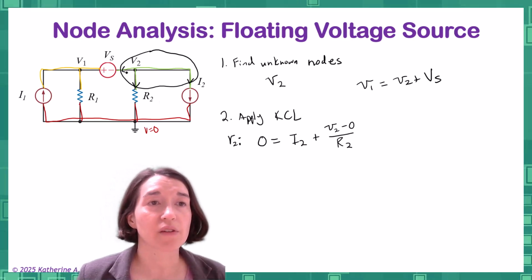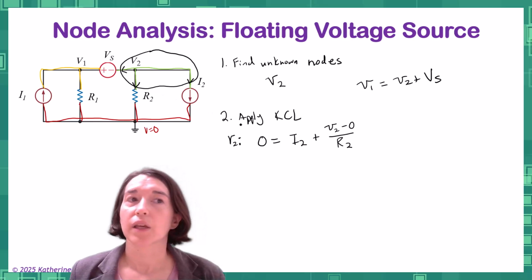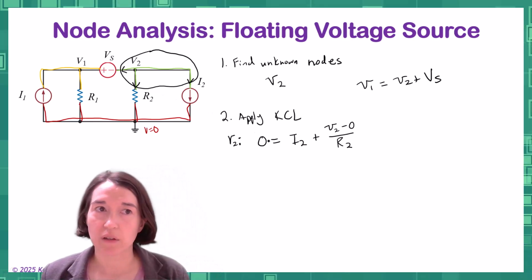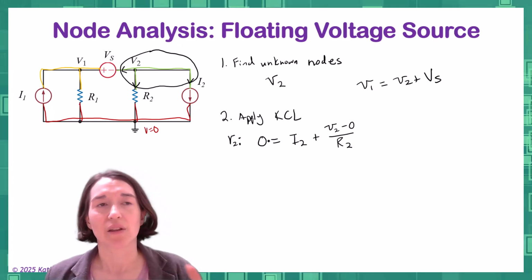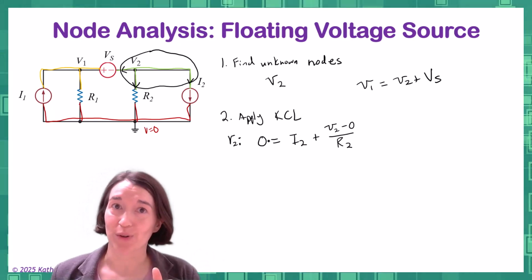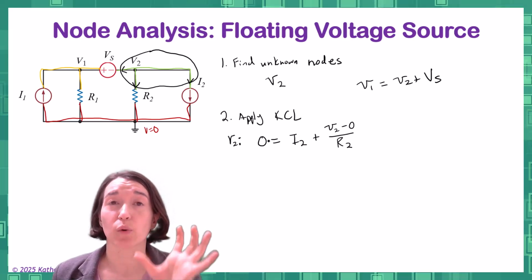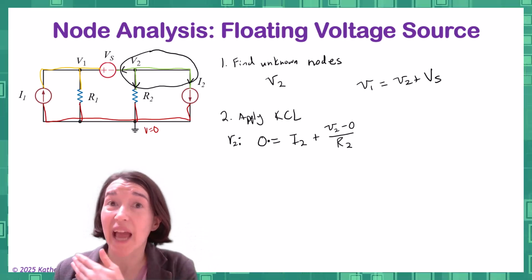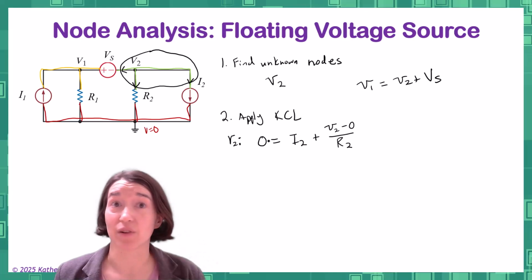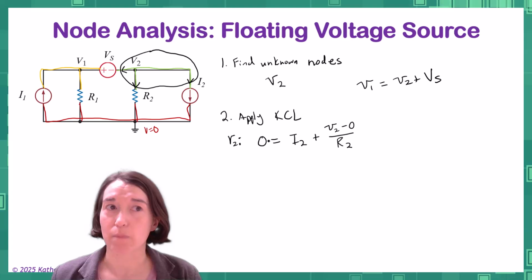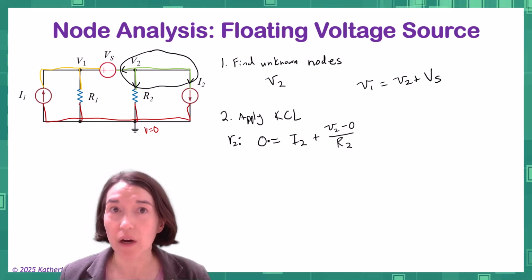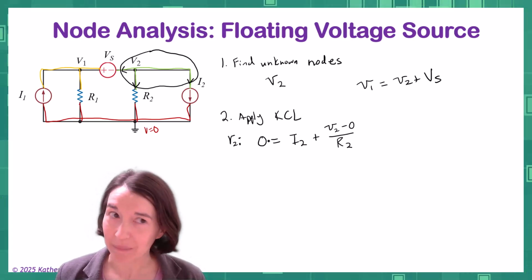And then we have this current going into the current source, but I don't know what that is because remember, the voltage source will maintain that voltage, and it can be any current, positive, negative, 0, any current, to make sure that that voltage is met. So I don't know what that current is going to be.